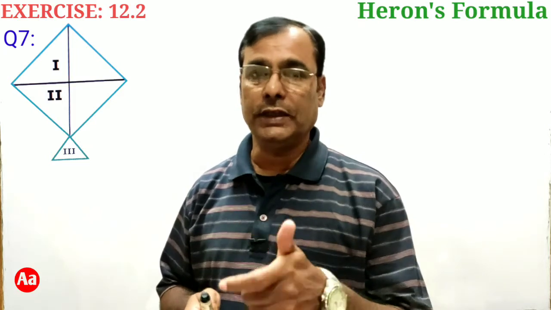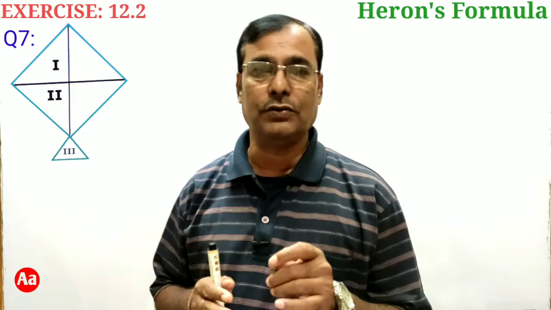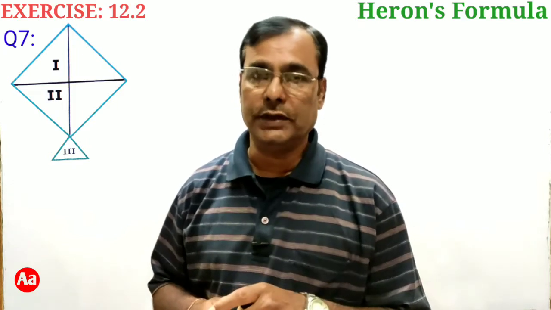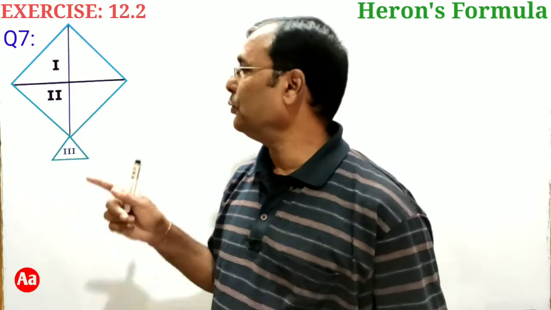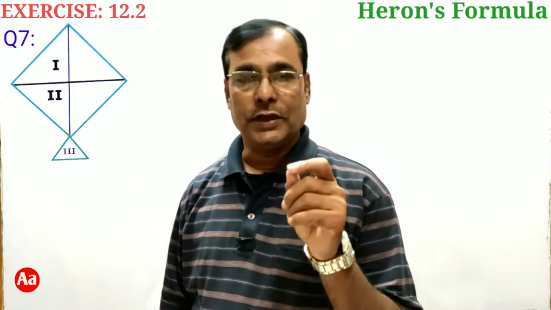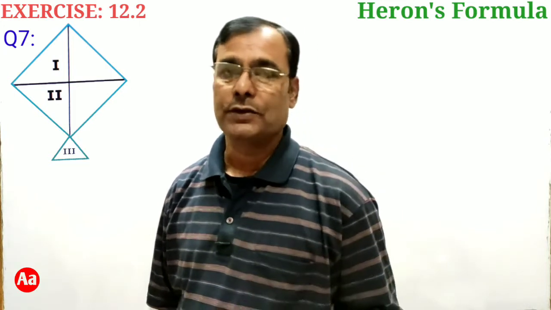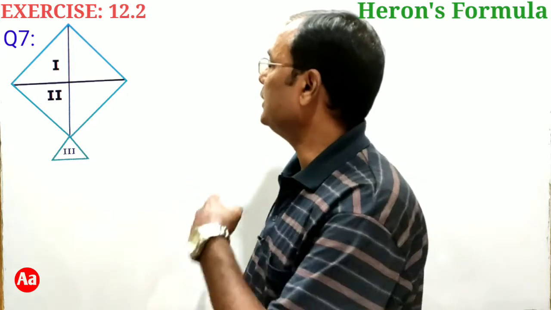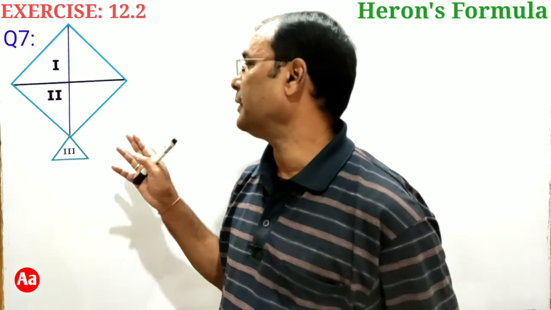If we know both the diagonals d1 and d2, then area of rhombus is equal to half into d1 into d2. As a square is also a rhombus and both the diagonals of this square part of the kite are 32 centimeter and 32 centimeter, that is, they are equal, we can use the half into d1 into d2 formula to find the area of this square part of the kite.